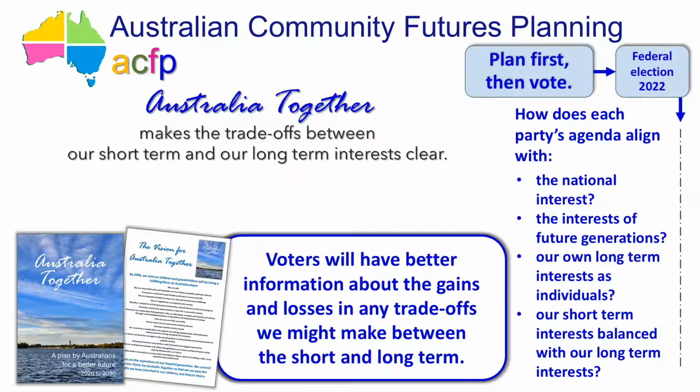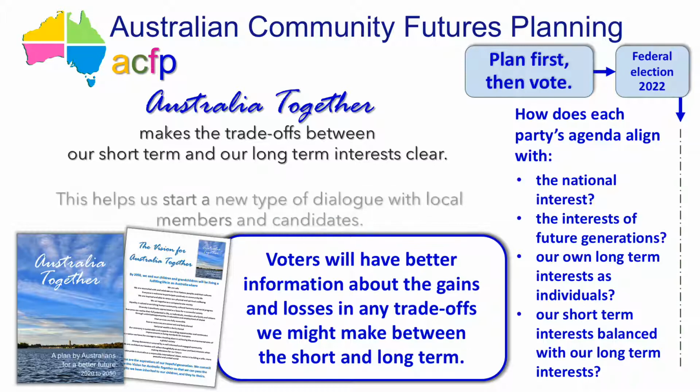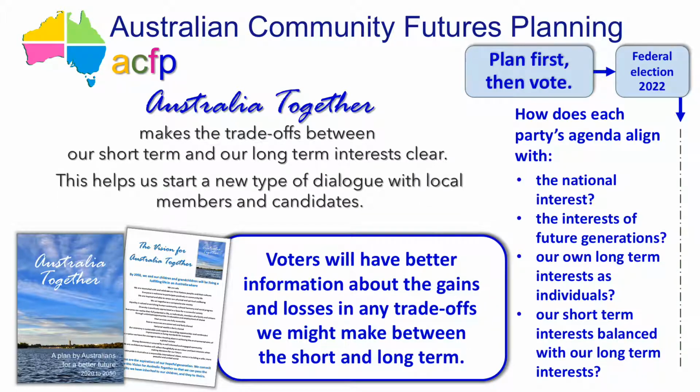This actually helps us start a new type of dialogue with local members and candidates. We will have information behind us showing what we think needs to change and why. It significantly raises the quality of the conversations we have with each other and with politicians.